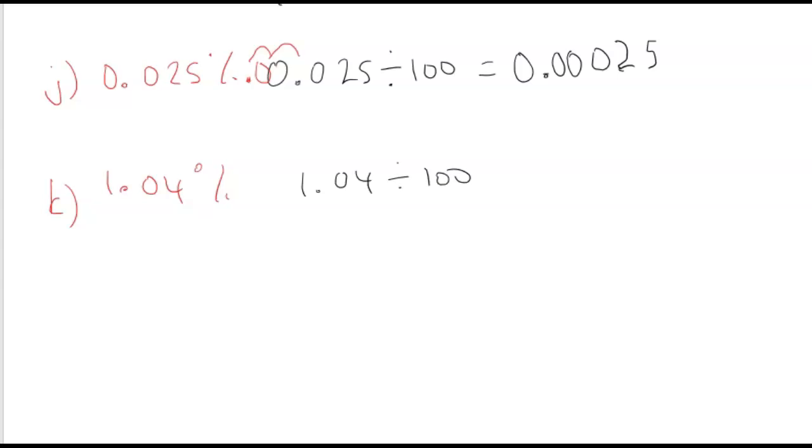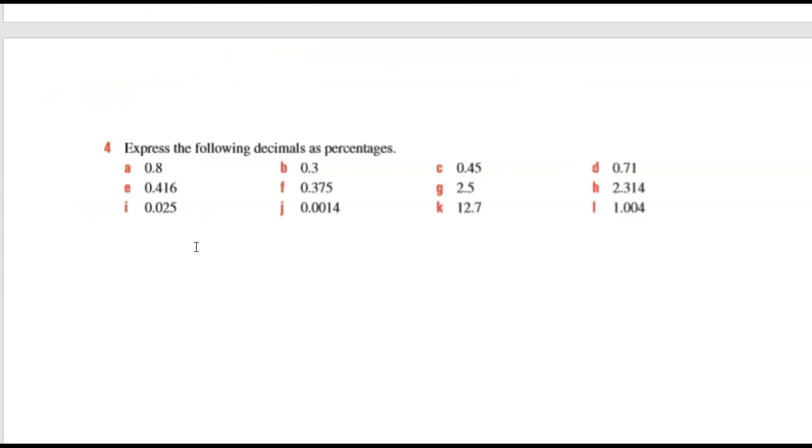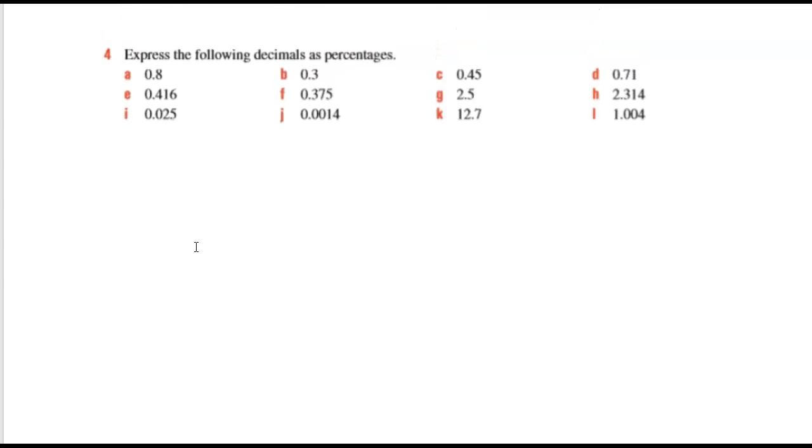So we're just going to move the decimal place 2 spots. So 1, add your 0, 2, put it in. So we're going to have 0.0104.